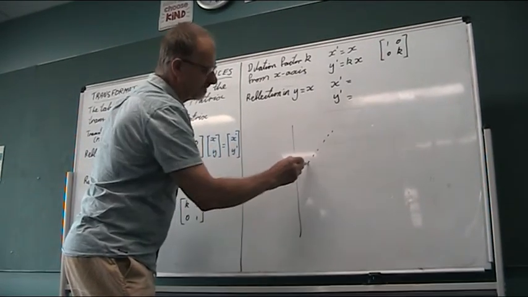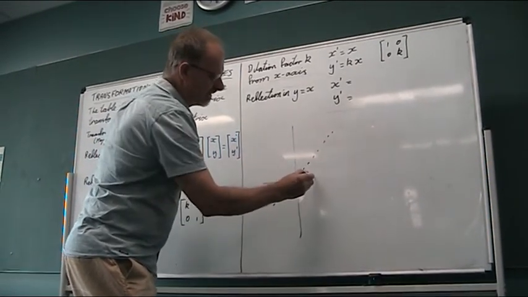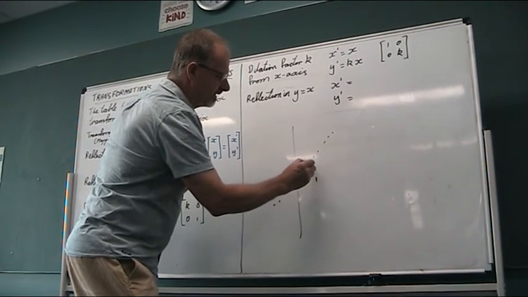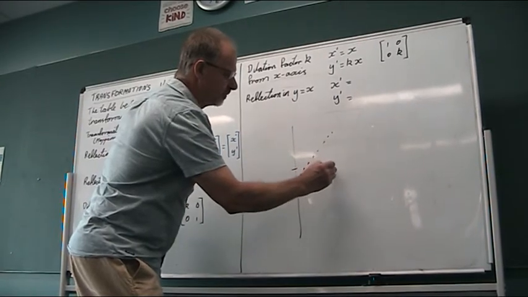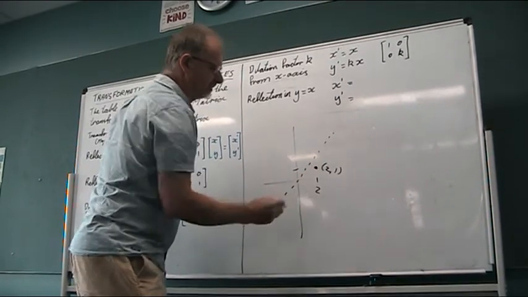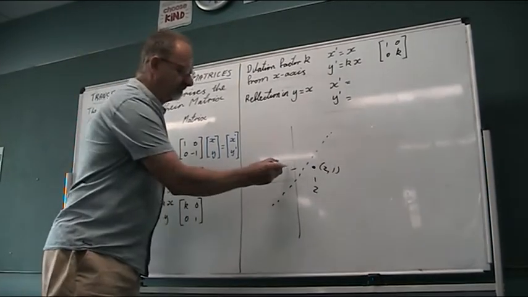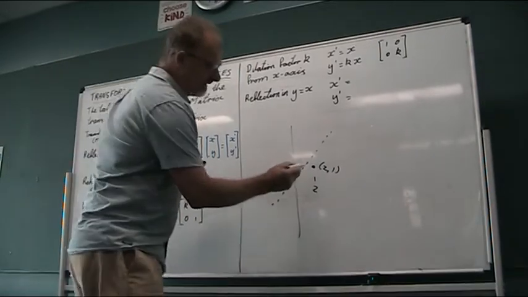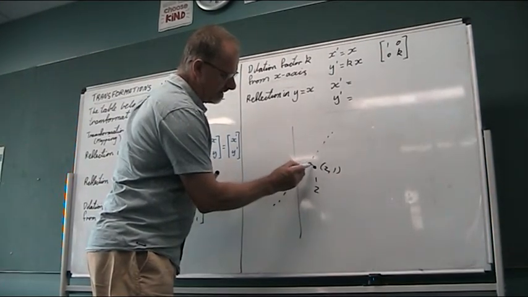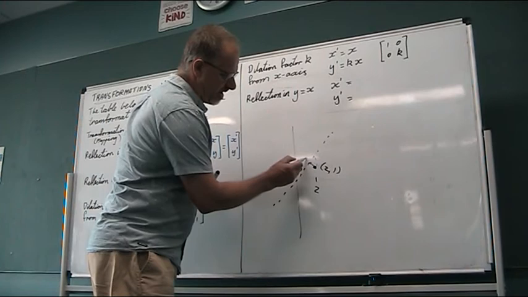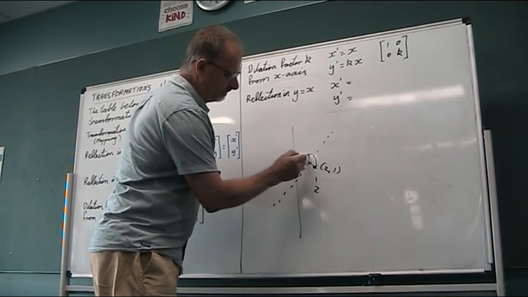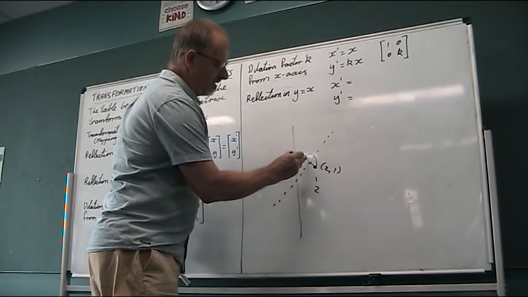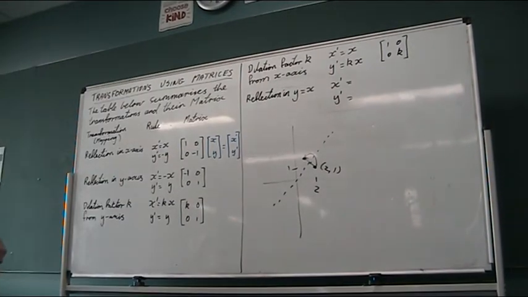Here's the line y equals x. Say I have a point here that's 2 and 1. When I reflect that point in y equals x, over to here, what are the coordinates of this point?